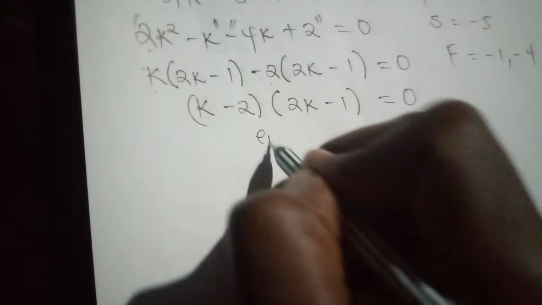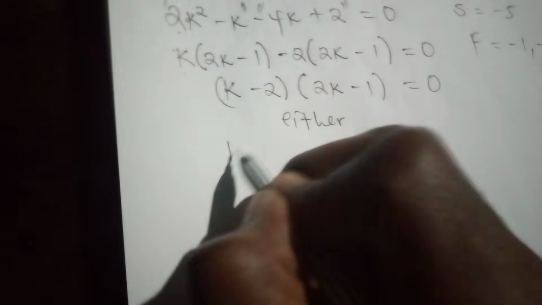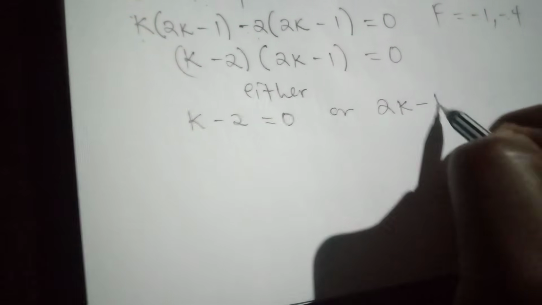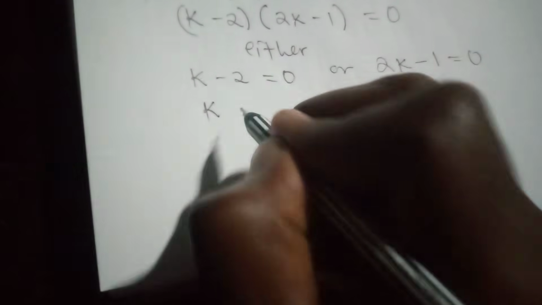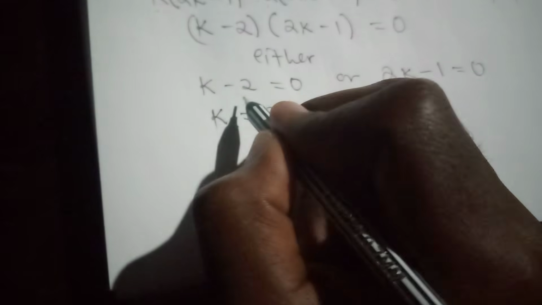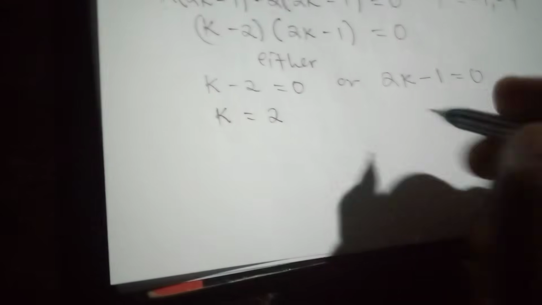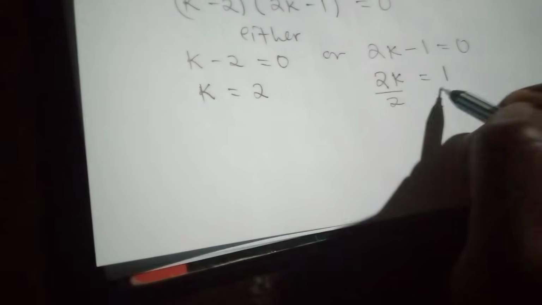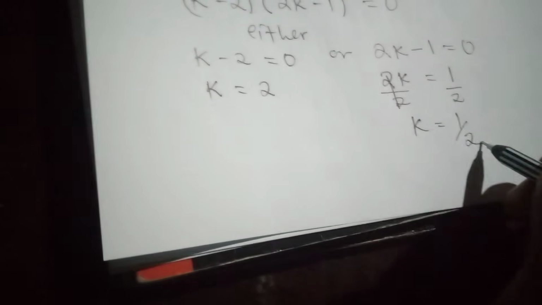So from there, either k minus 2 equals 0, or 2k minus 1 equals 0. So from there, k equals positive 2, because when this negative 2 crosses the equal sign it becomes positive 2, and then 2k equals 1, so k equals 1 over 2.